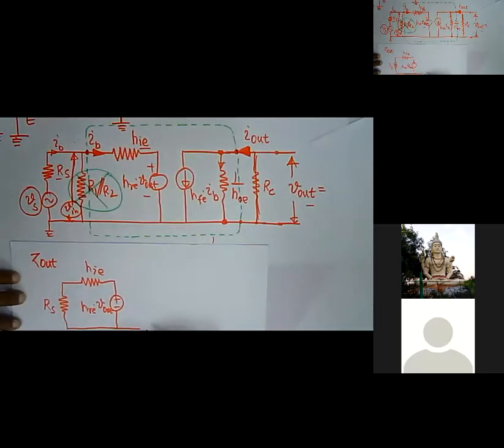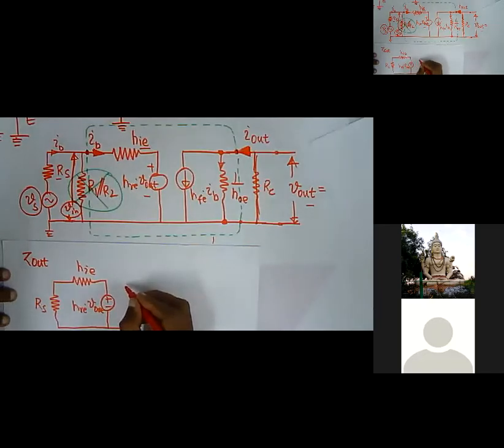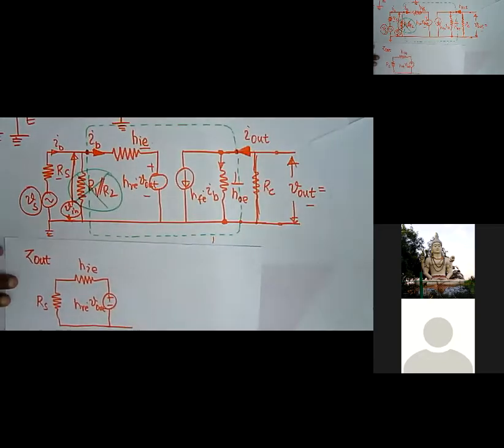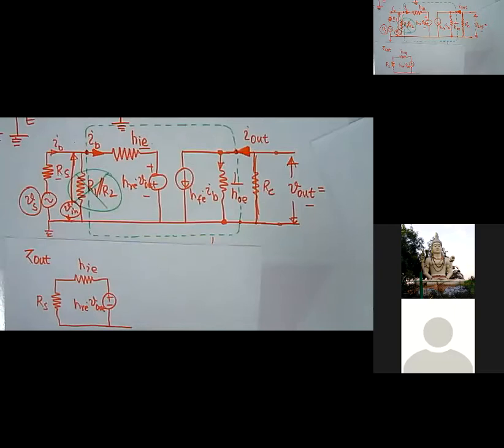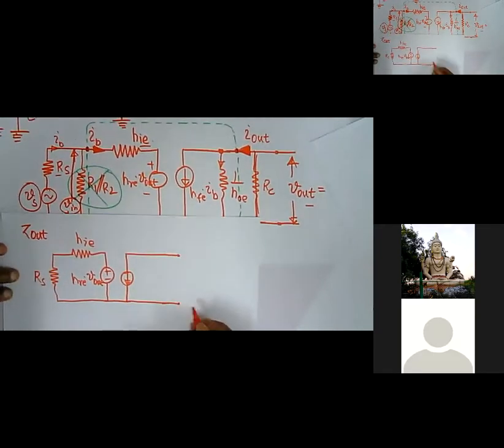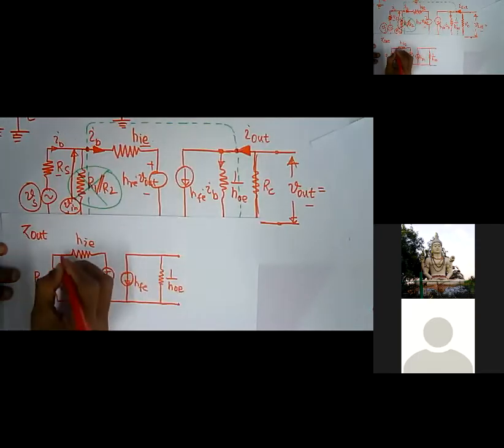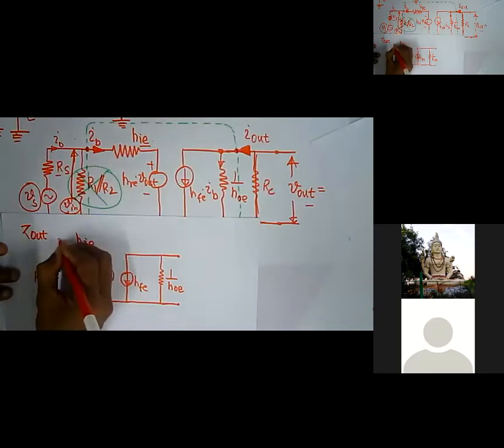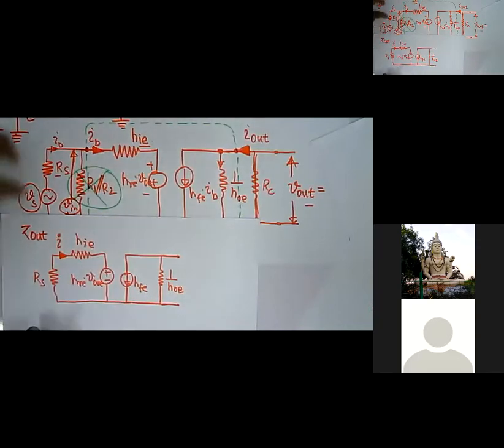Similarly, at the output, I need to open circuit it. Here 1 over HOE, and HFE into, let this be small I. This is not IB anymore, so we have used a different notation.